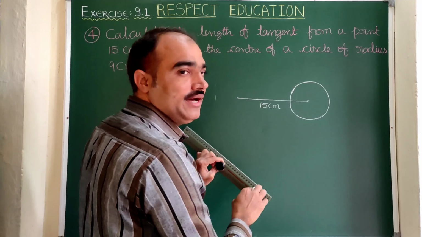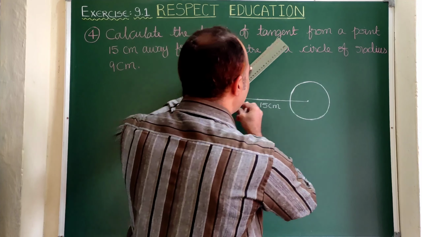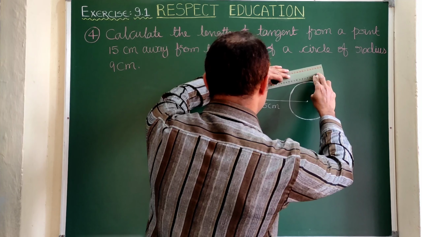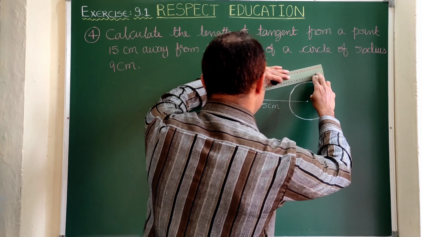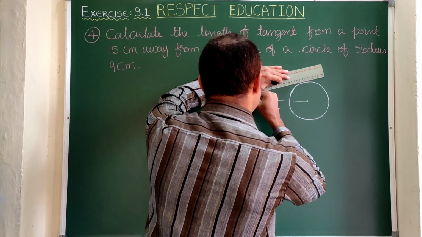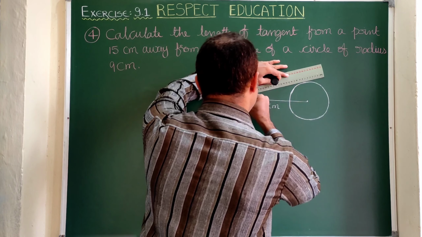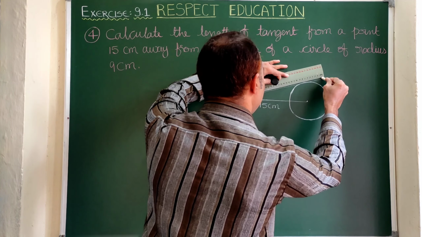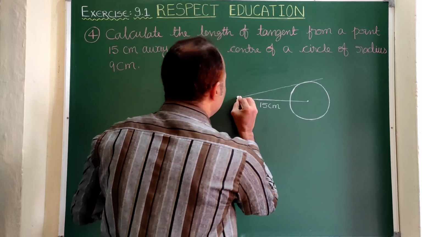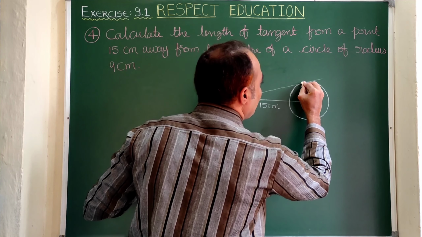Now from here let us draw a tangent to this circle. Right, so this is the point of contact.